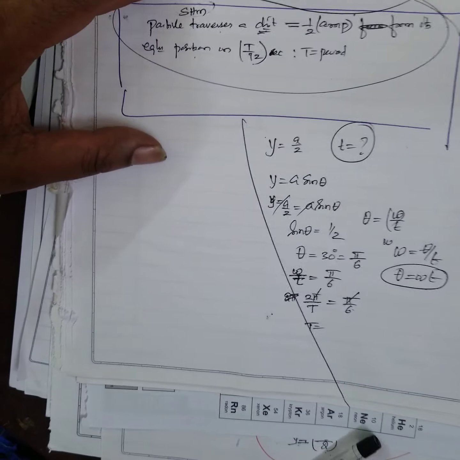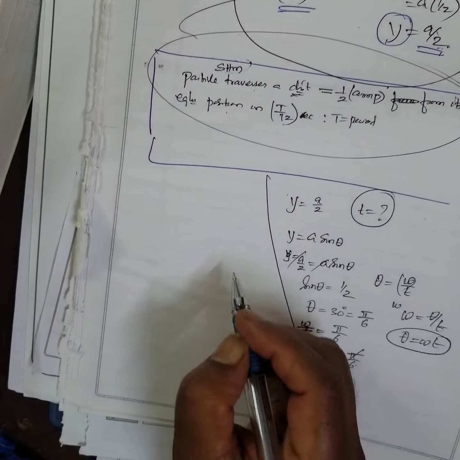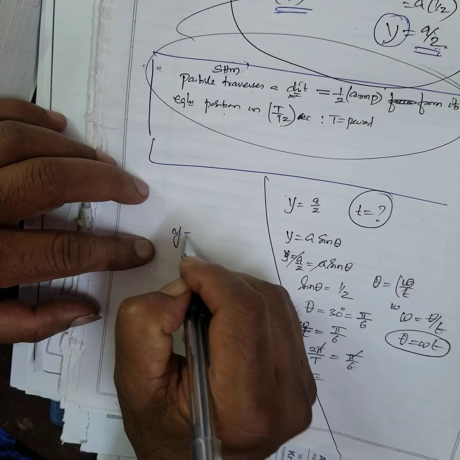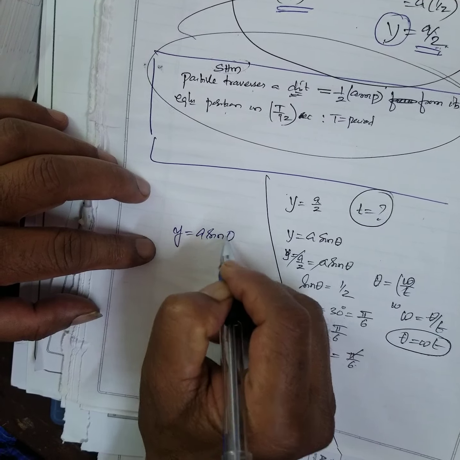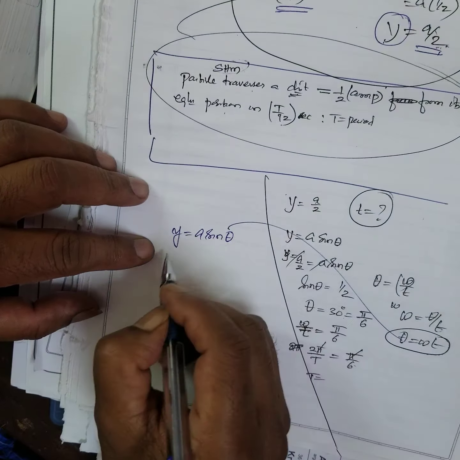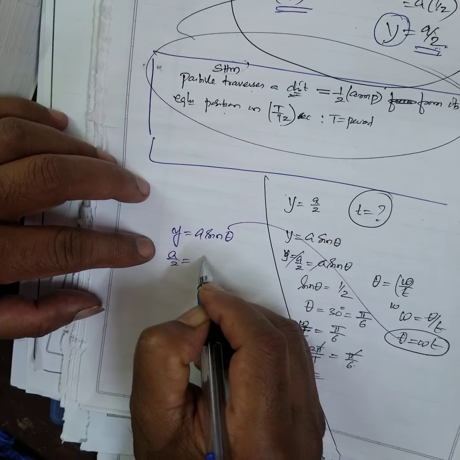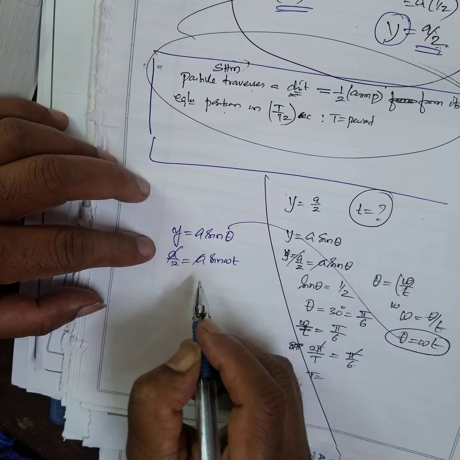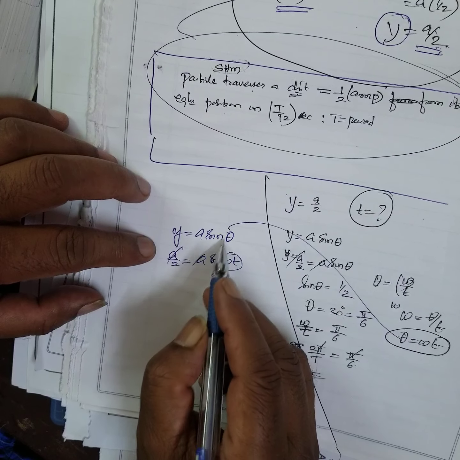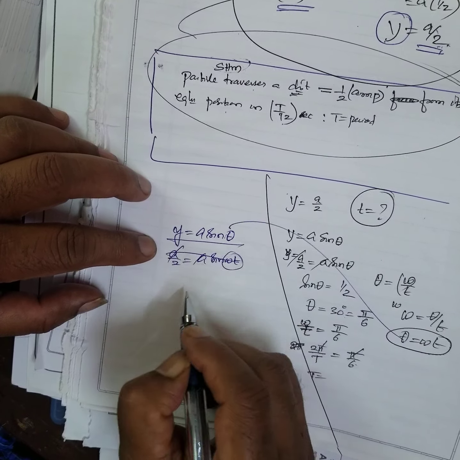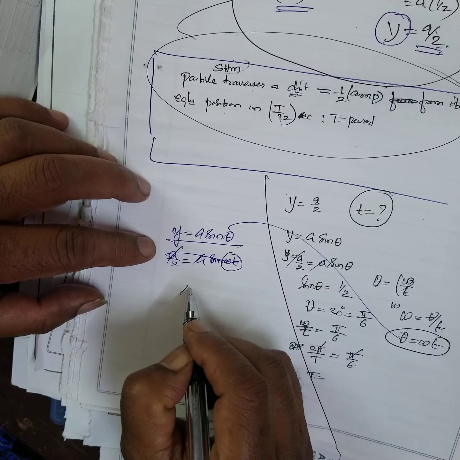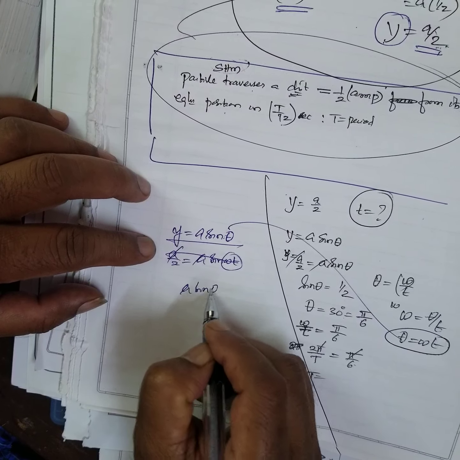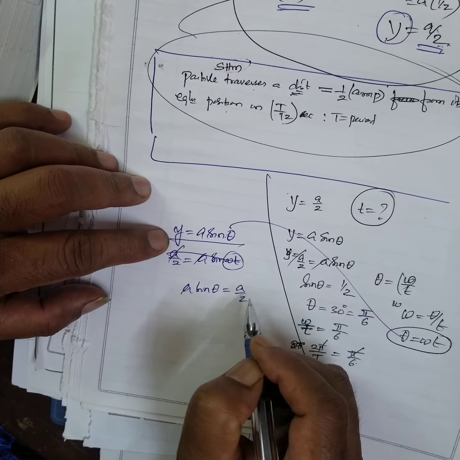Therefore, y is equal to A sine theta. Theta is equal to omega t, y is A by 2. This is also A sine omega t. A gets cancelled. Therefore, you can write it this way also. A sine theta is equal to A by 2.